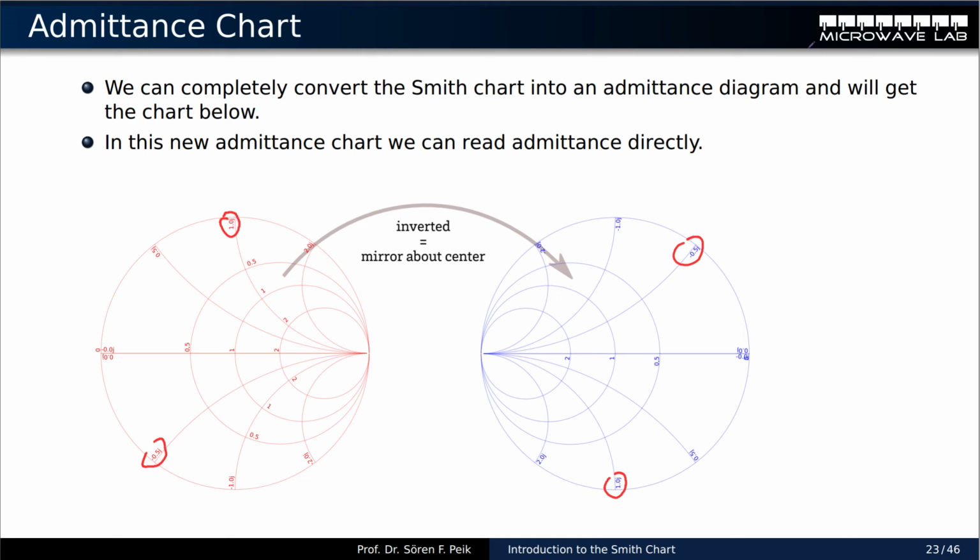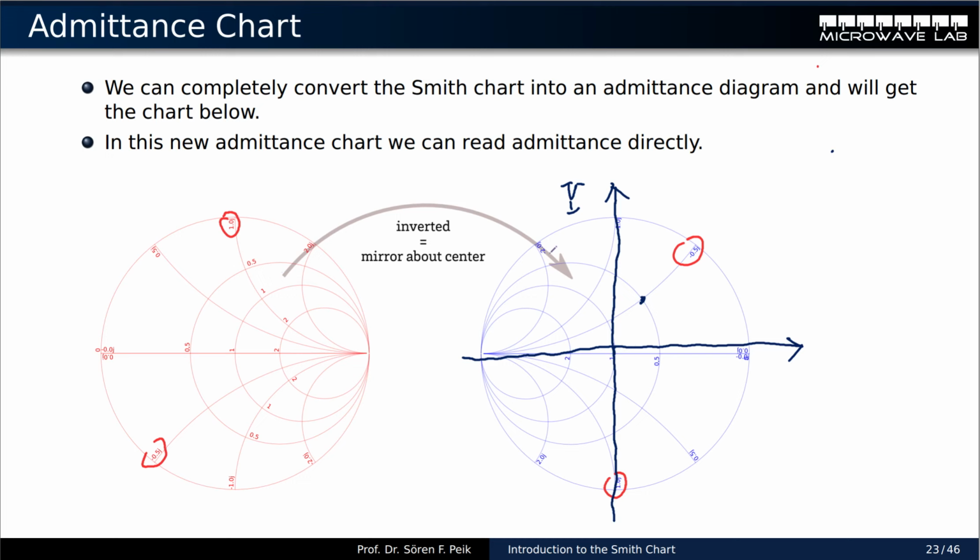Again, this relates all my y values to my gamma values, because behind we still have our gamma grid, which does the same thing. The only difference is in the blue chart I plug in the y values rather than the z values. So when you know the y value, it's better to use the admittance chart rather than the impedance chart or the Smith chart, because then you can directly mark the point and read off your gamma value. When you have an impedance, it's better to use the Smith chart.